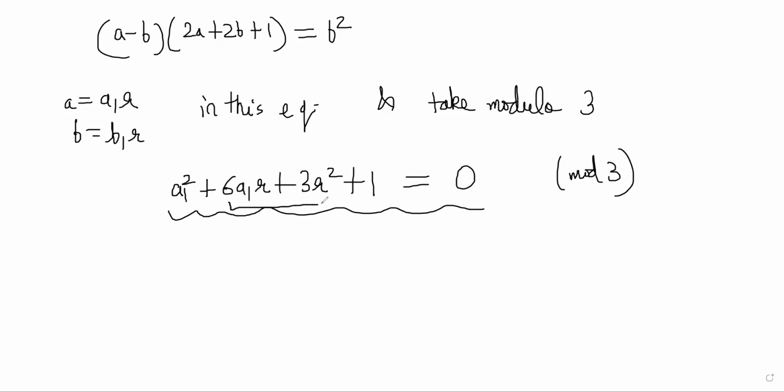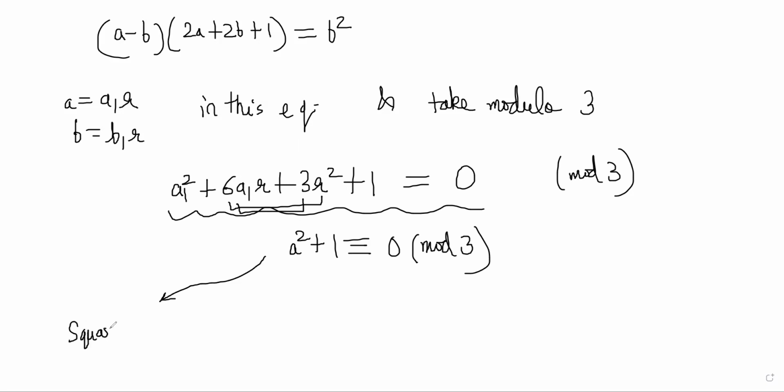This means that since this is anyway 0 mod 3, A1 square plus 1 is 0 mod 3, right? But this is not possible because we know that the squares of integers are always either 0 or 1 mod 3.